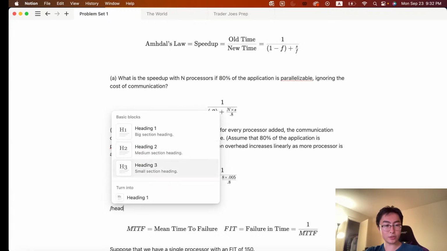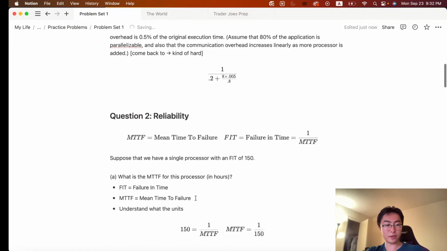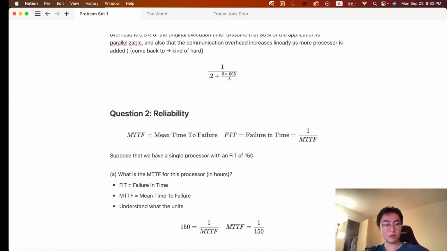Okay, so this is heading 2, question 2. This is reliability. Failure in time is equal to 1 divided by the mean time to failure.